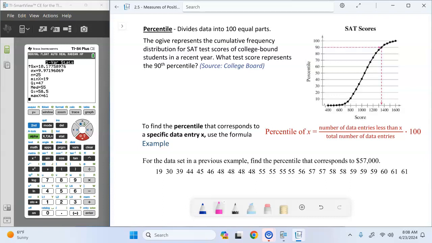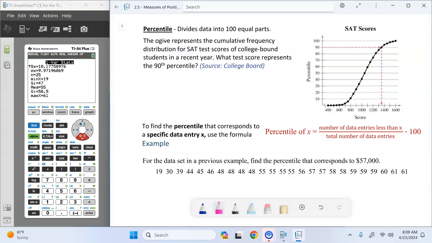When you get your SAT scores and you find your percentile, that's telling you that you scored better than that percentage of students. So if your percentile rank on your score is 90th percent, that means you've done better than 90% of the people that took that test during that specific time frame.